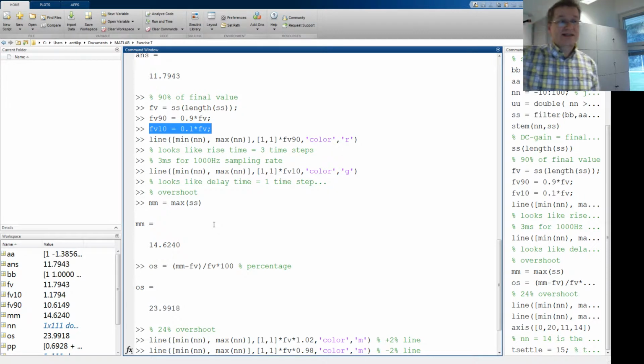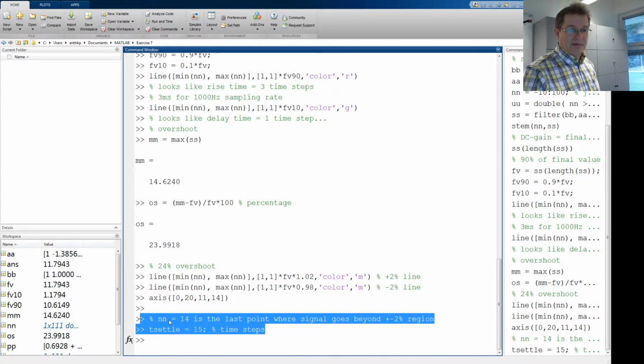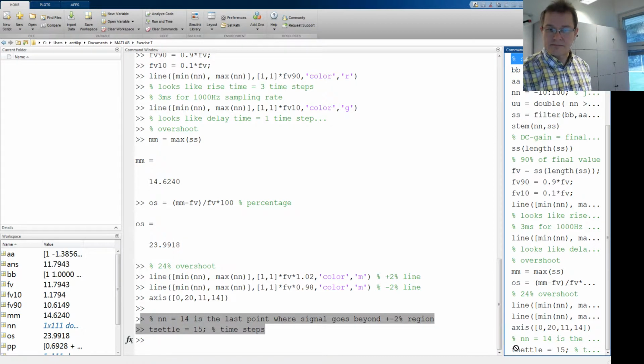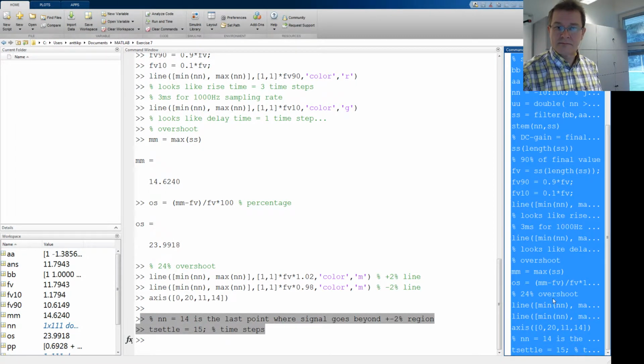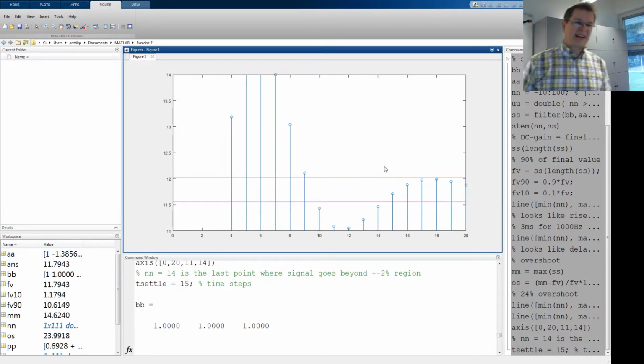DC gain was just that final value, and then for the settling time for 2%, you just look between the lines. Yeah, something like that.